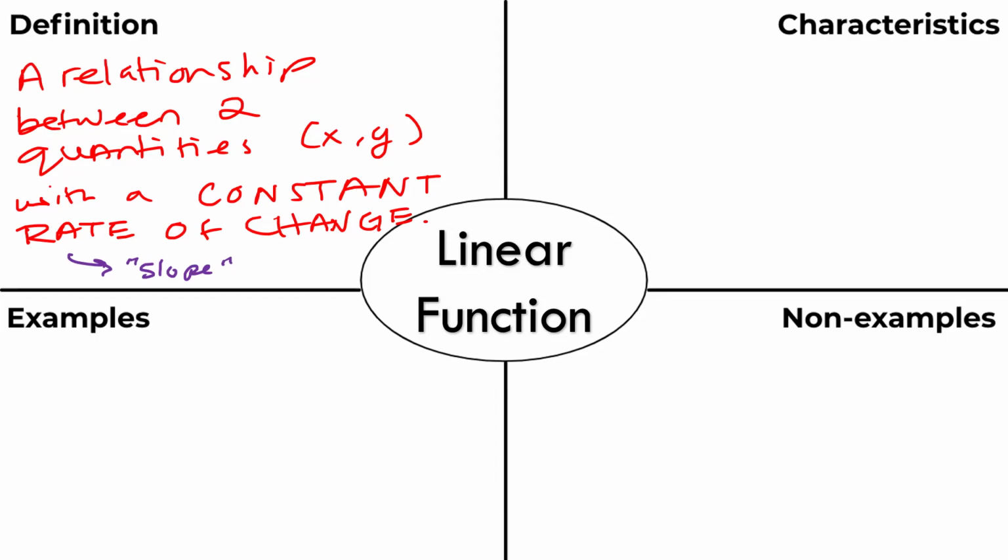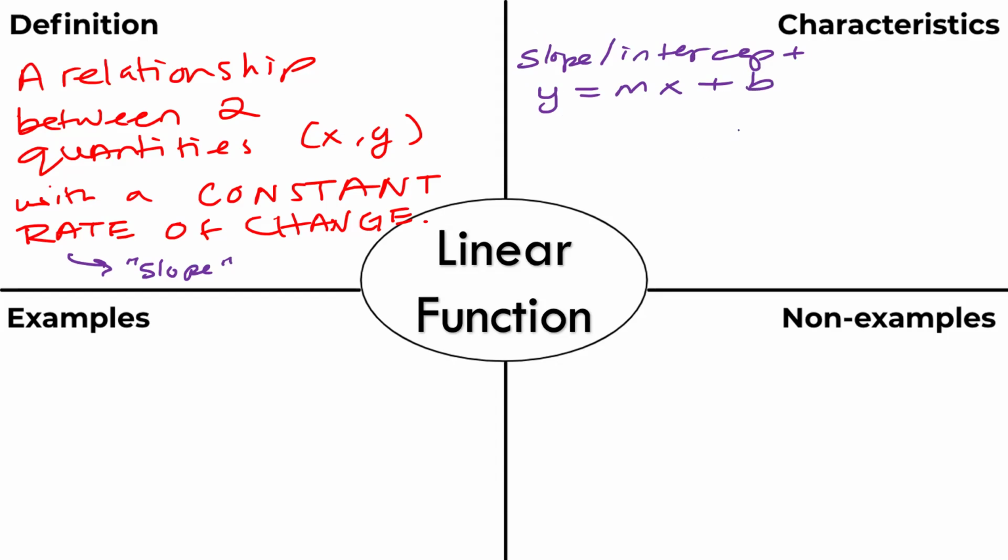All right, the characteristics of a linear function that you should have left Algebra 1 knowing is that it can be written in multiple forms. The first form we're going to talk about is slope-intercept form, which is y equals mx plus b.